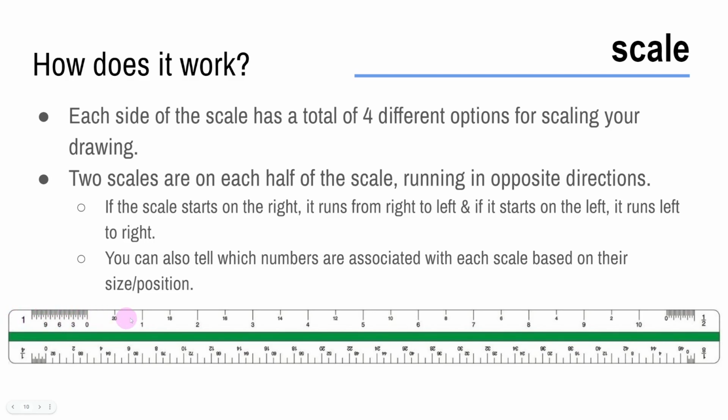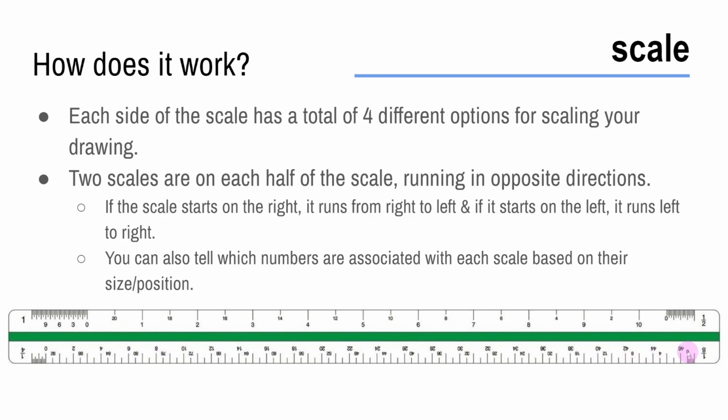I've got my scale then. This one's running left to right. This one's running right to left. And then you can also tell, based on whether the number is lower or higher, which of these sets of numbers is associated with it. Since this 0 is lower, it's this 0, 2, 4, 6, 8, 10, 12, versus this 0 being higher up.